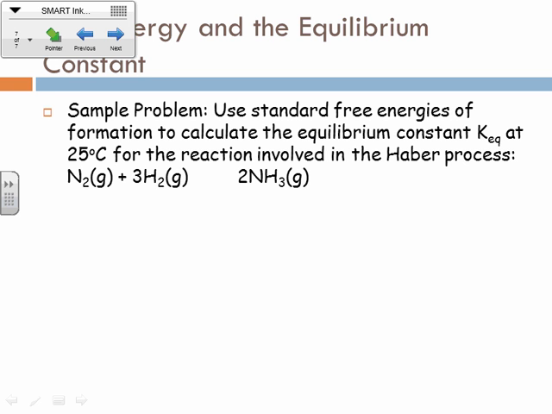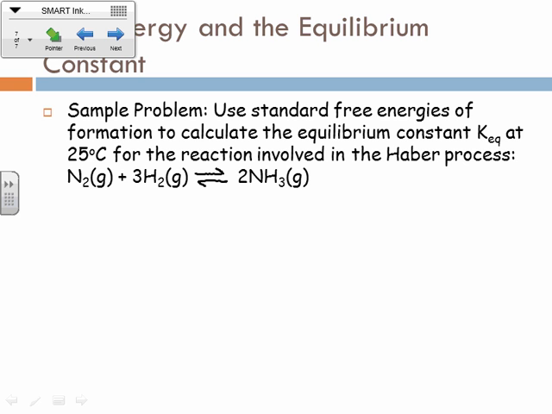So, use the standard free energies of formation to calculate the equilibrium constant at 25 degrees for this reaction. Again, we just can't get away from this reaction. For the reaction involved in the Haber process, we've got N2 plus 3H2 yields 2 NH3 again, and we want to calculate the equilibrium constant here.